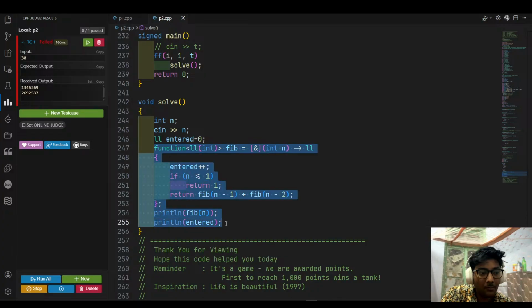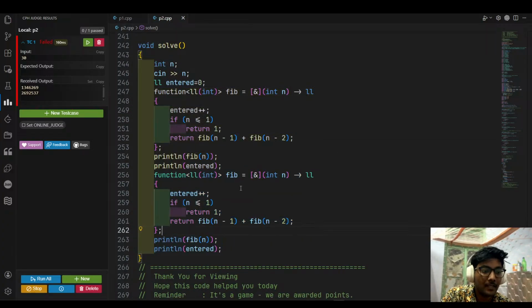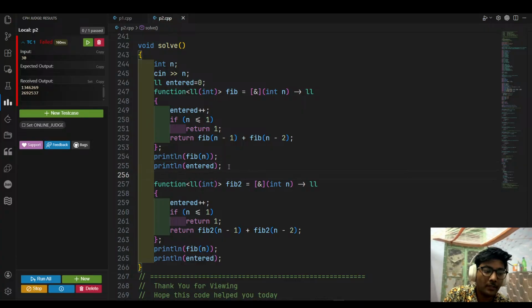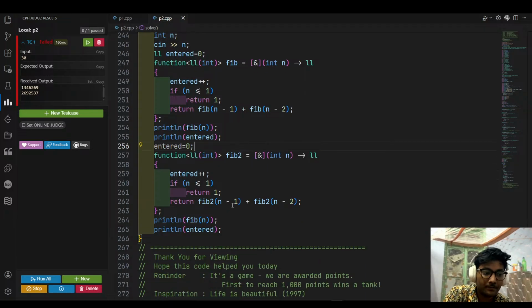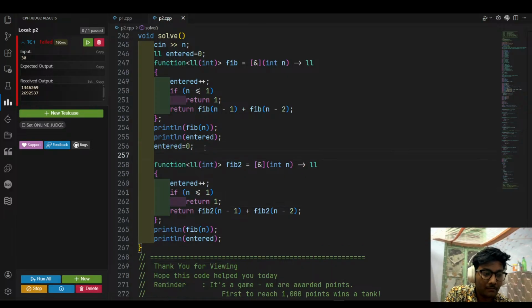Now we will try to replicate this. So we have fib2, but this fib2 will be using memoization, right? Of course, before going to fib2, we will just say let entered equal to 0, and now we will not be using this fib n minus 2. We will specify, so maybe use an array that can be used to store the numbers.